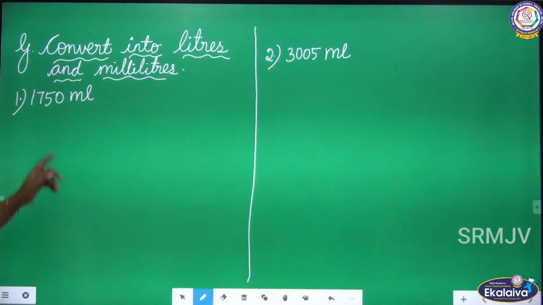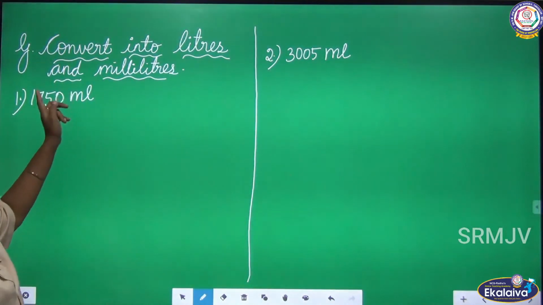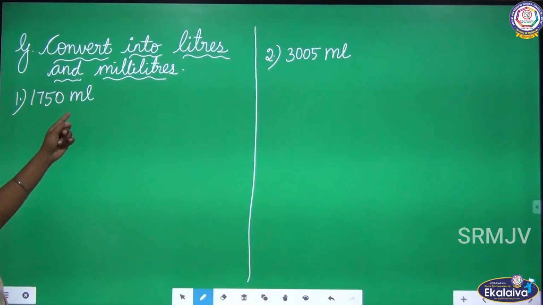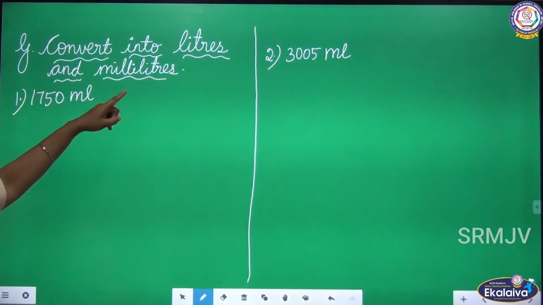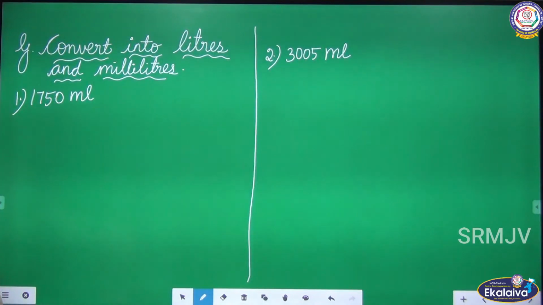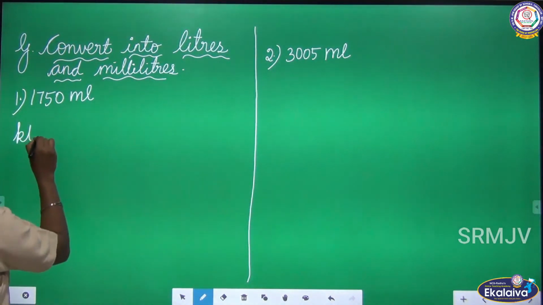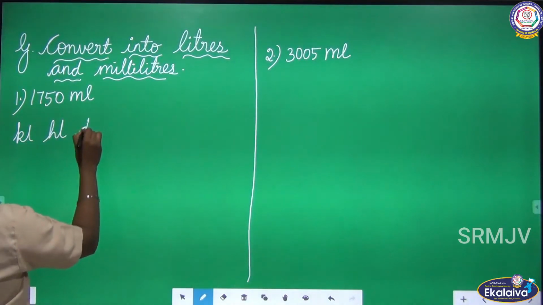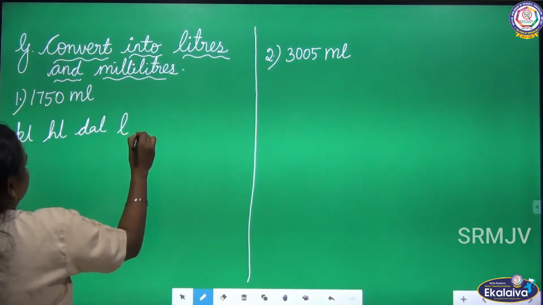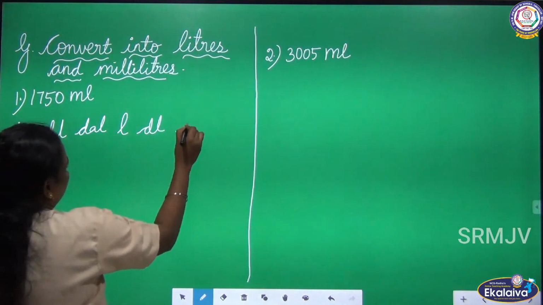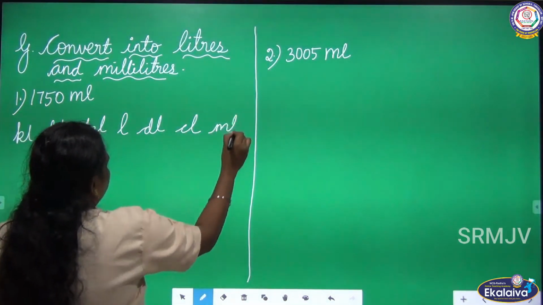Next one, convert into liters and milliliters. See, they have given in milliliter. We are going to convert into liters and milliliters. So kiloliter, hectoliter, decaliter, liter, deciliter, centiliter, then milliliter.